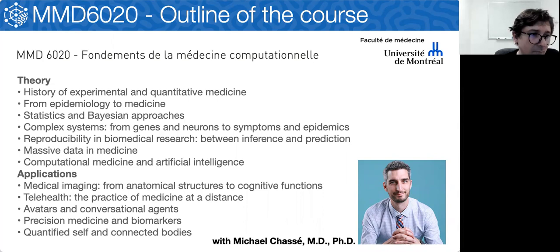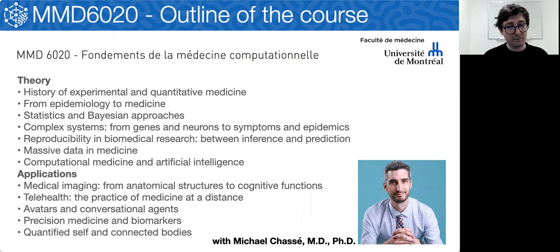And then we have experts from the field who come and explain concrete applications of those theoretical concepts in different fields of medicine. So, of course, medical imaging and radiology, which is one of the fields where AI has been most developed recently.